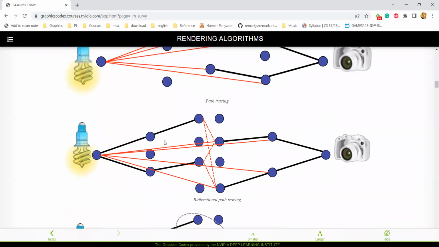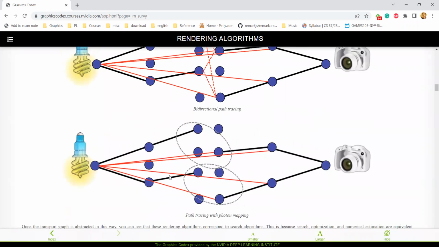And bidirectional. Path tracing with photon mapping. I guess this is outside of my knowledge now.